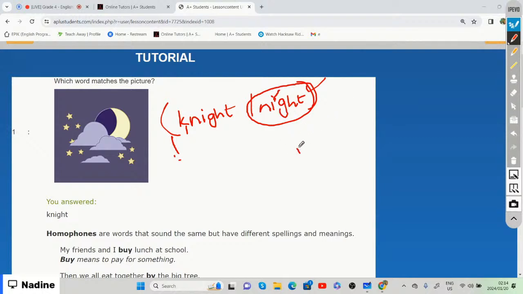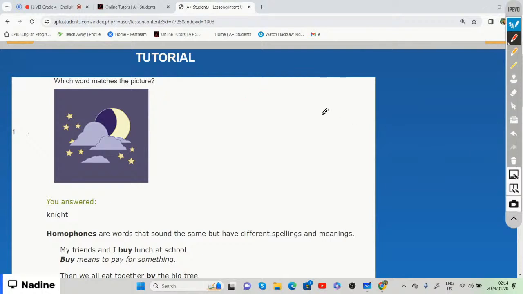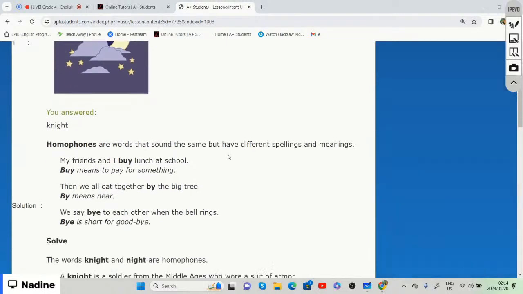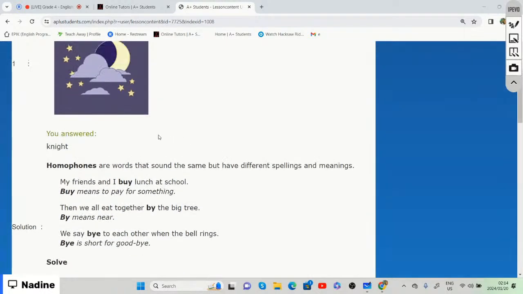So we say night, especially if we look at the picture. We need to look at the pictures and match the word with it. Homophones are words that sound the same, but they have different spellings and meanings.